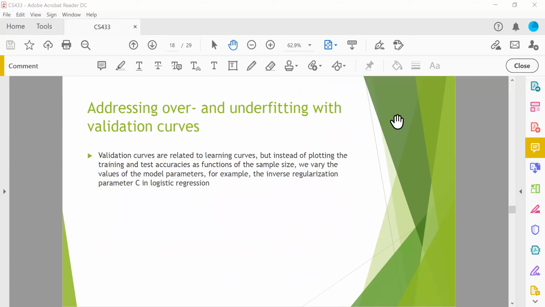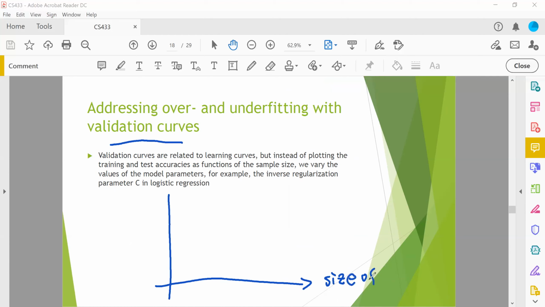Okay, so that's about the learning curve. And here it says we can also use a validation curve. Similar, the x-axis is the size of the training data set, and the y-axis is the validation accuracy.